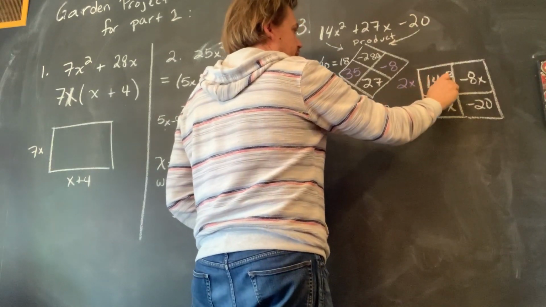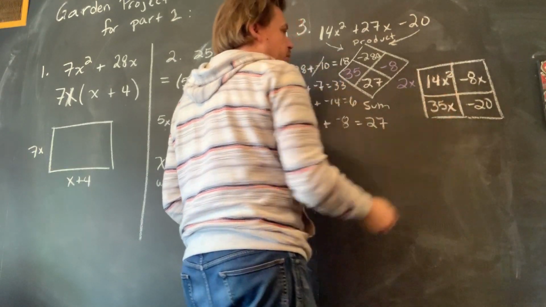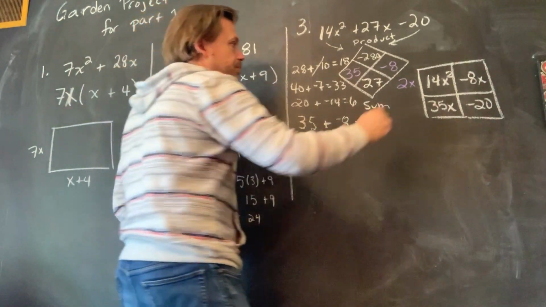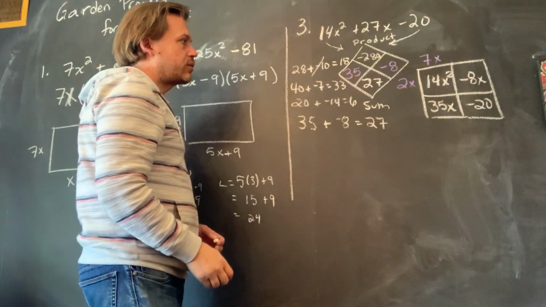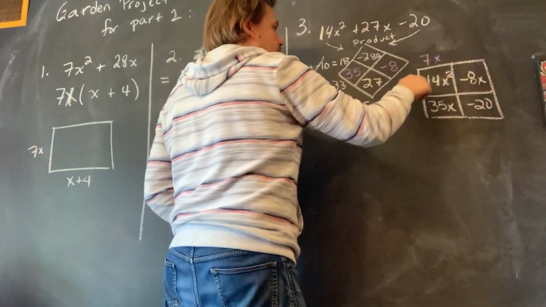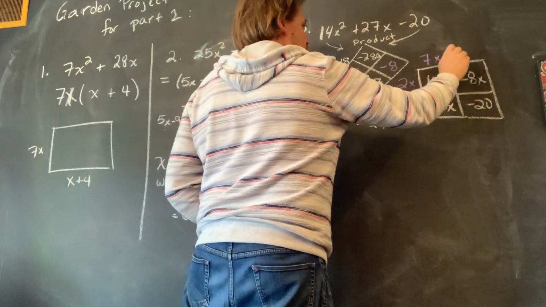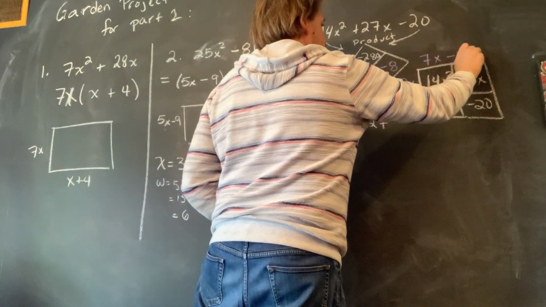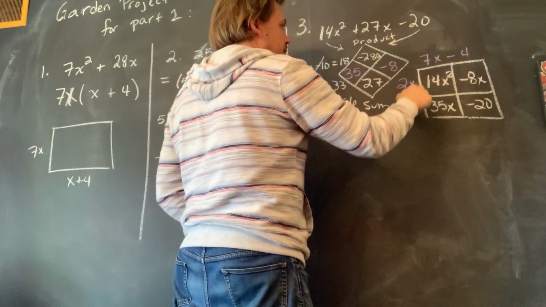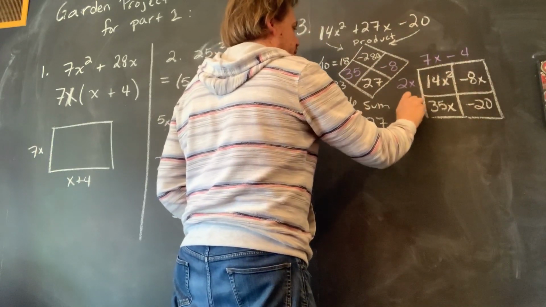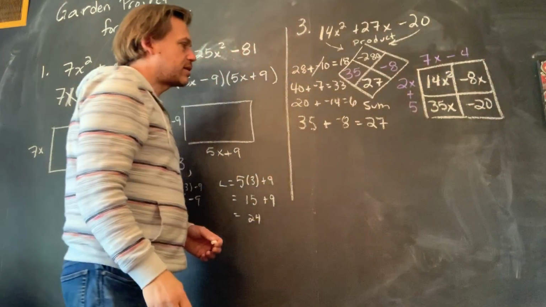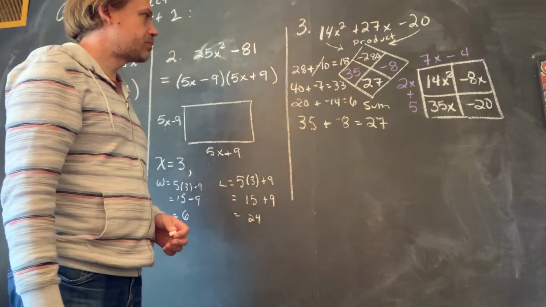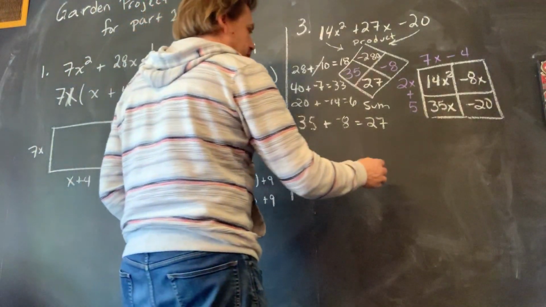And then 14x squared and 35x, they're both divisible by 7x. So 2x times 7x is 14x squared. What times 2x is negative 8x? That's going to be minus 4. And then what times 7x is 35x? Positive 5. So this whole thing factors to 2x plus 5 and 7x minus 4.